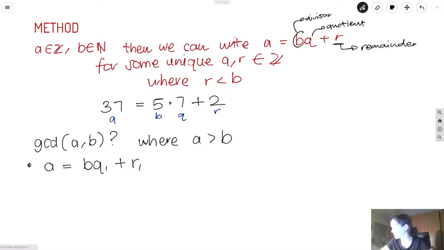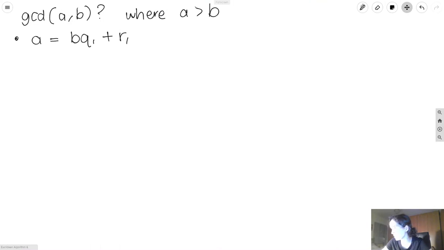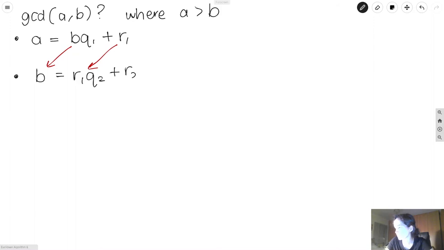We divide a by b, and it's going to leave some remainder r1. Then we do this again with new numbers: b is equal to r1 q2 plus r2. We do this again, and we say r1 is equal to r2 q3 plus r3.